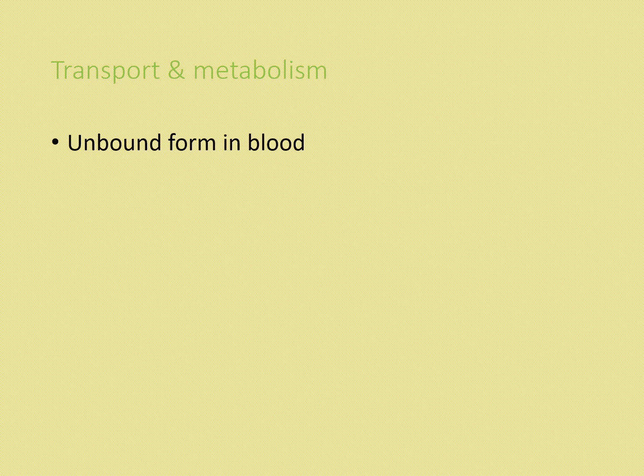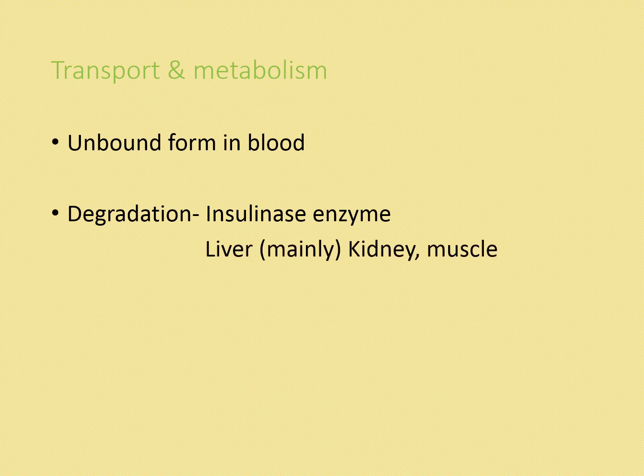Now this insulin binds with the target cell receptor, activates the receptor, does its function, and is removed by the insulinase enzyme, that is insulin degrading enzyme, which is mainly located in the liver, also present in the kidney and muscle, within 30 to 50 minutes.